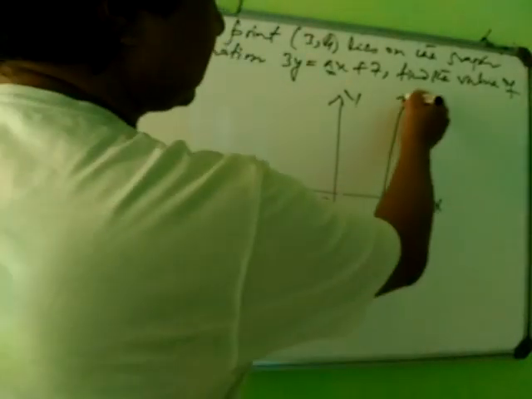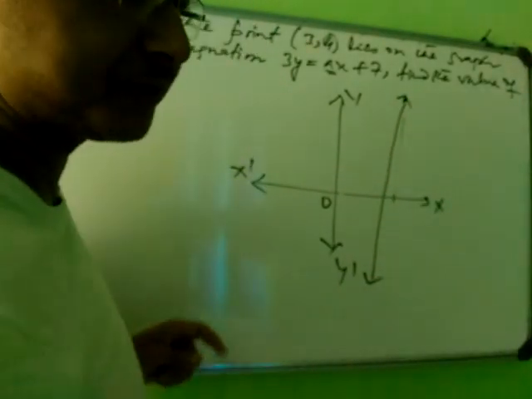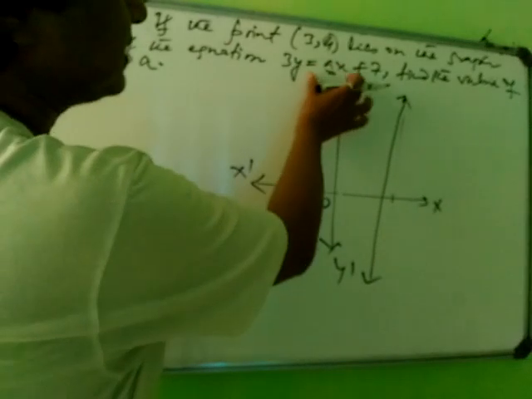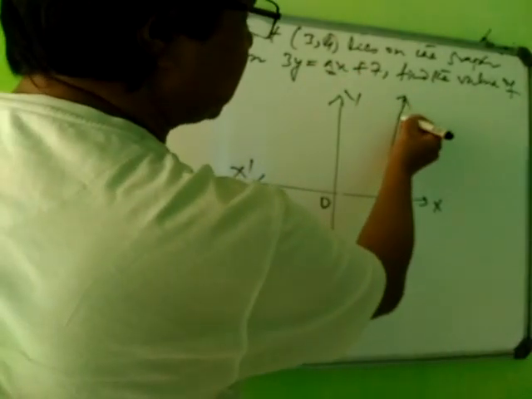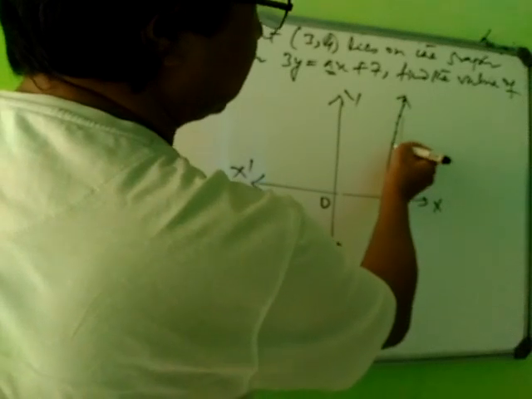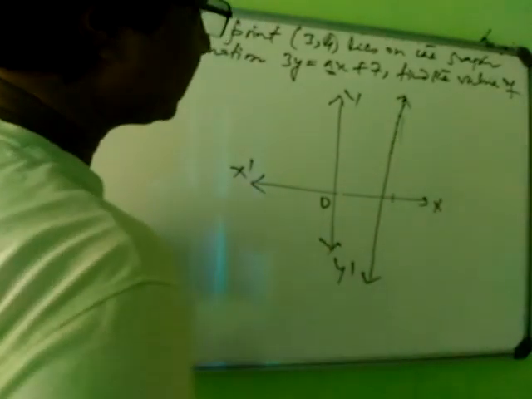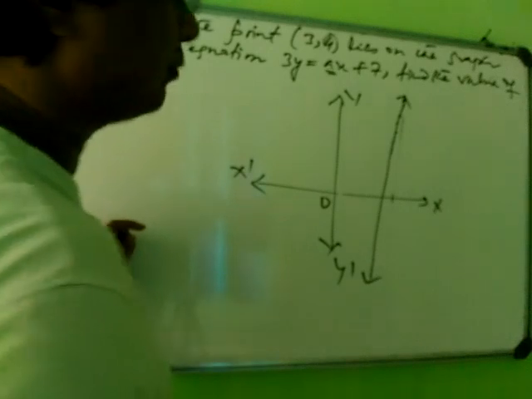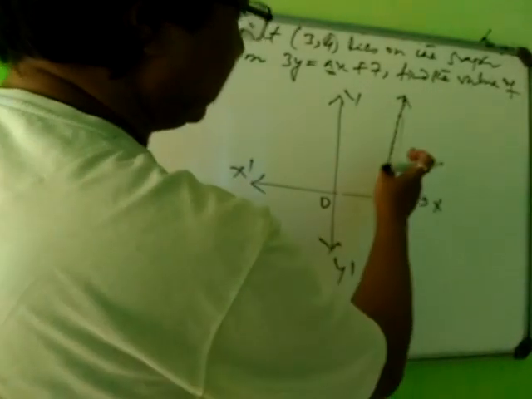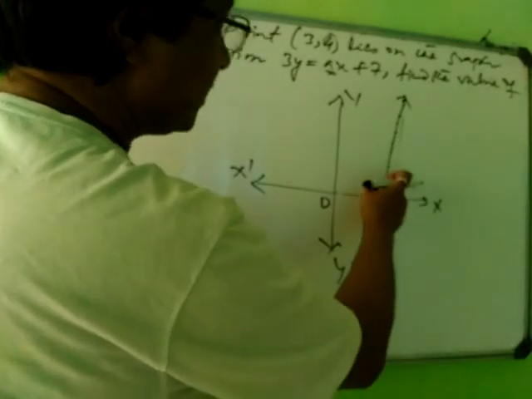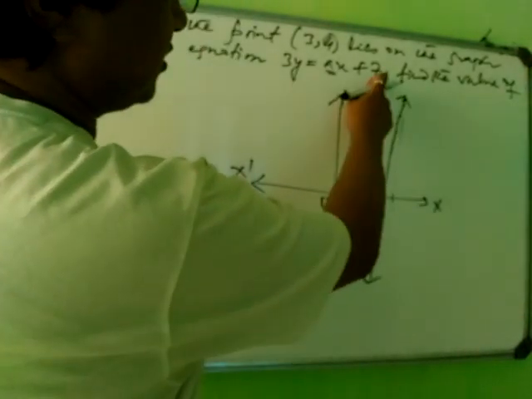Say you got this line just by plotting 3 or 2 points from this equation. Actually, there are infinite points, but you will just take 3 or 2 points, and then you join these points. You will get the straight line.